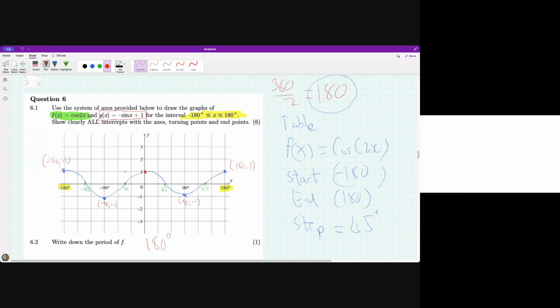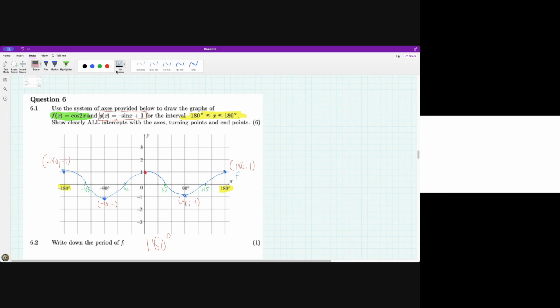Okay, so I've drawn, just to help you, the graph of f, but you still need to draw in for me the other graph. And while we're all doing that, if you have a question you'd like to ask, now is a great time.